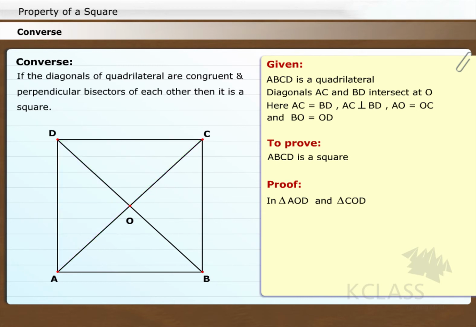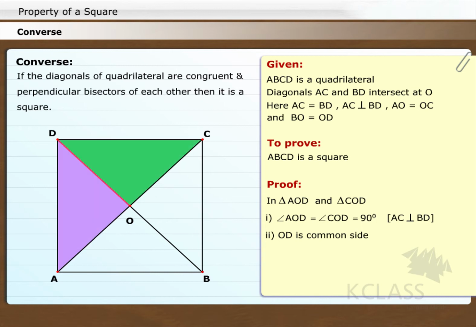To prove this, first let us consider triangles AOD and COD. Here, both angles AOD and COD are at 90 degree because AC is perpendicular to BD. Side OD is common in both the triangles. It is given that AO is equal to OC.